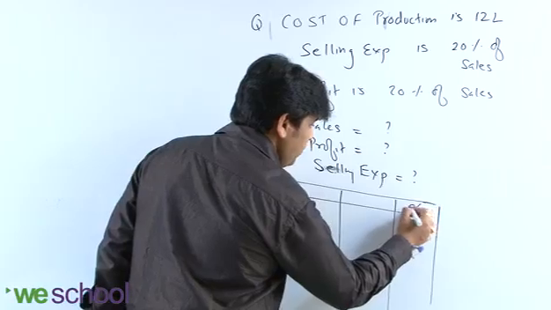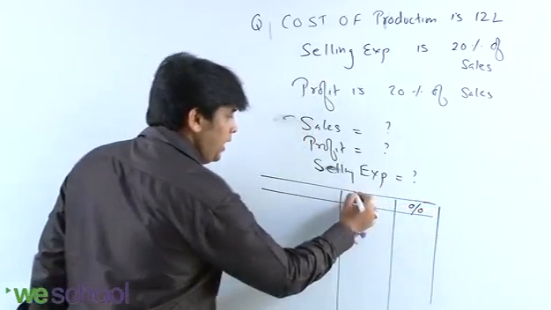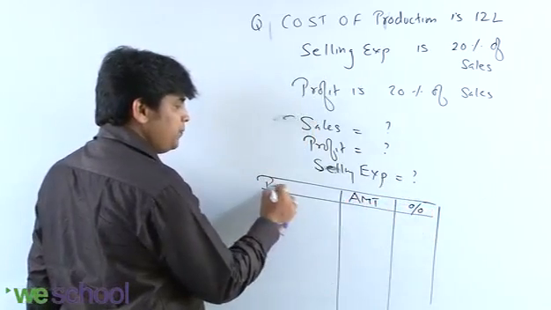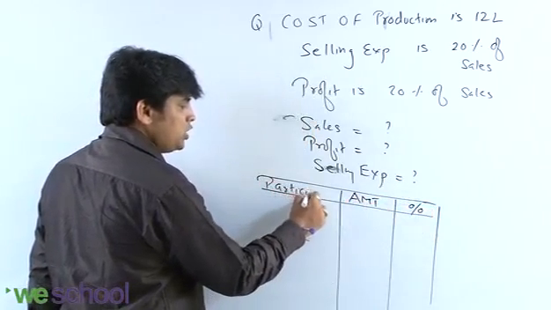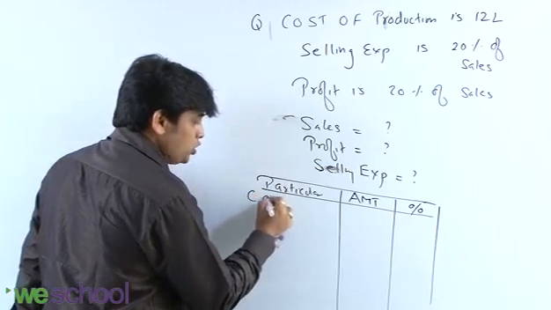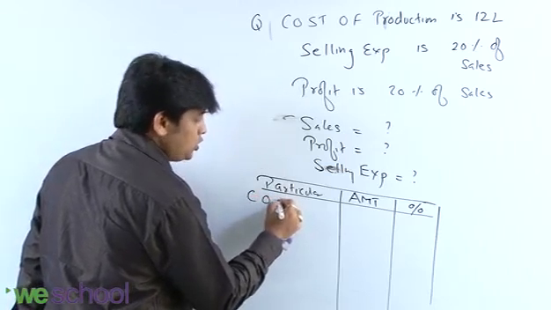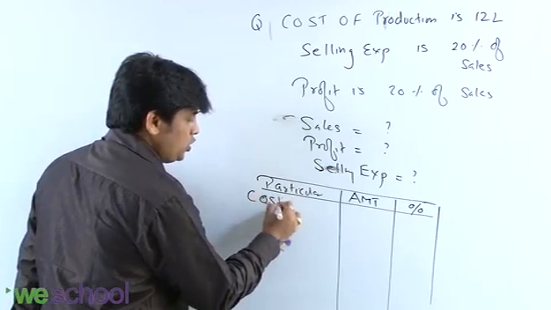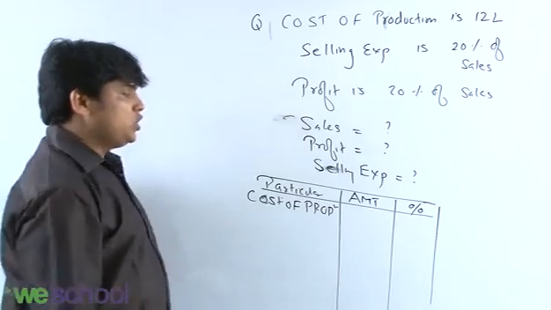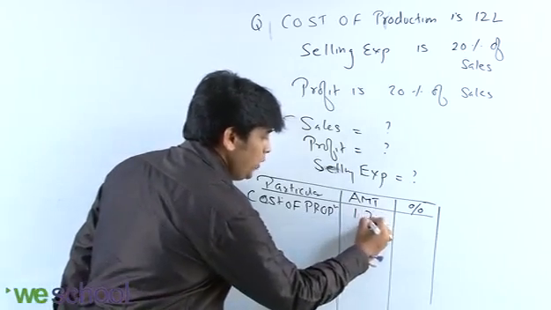So again, for your easy understanding, I'll make a table. One, I am making percentage column. Another, I am making amount column. So this is a cost structure. Now, first is your cost of production. What is cost of production? That is 12 lakhs.